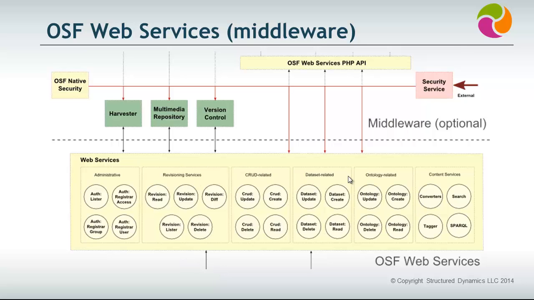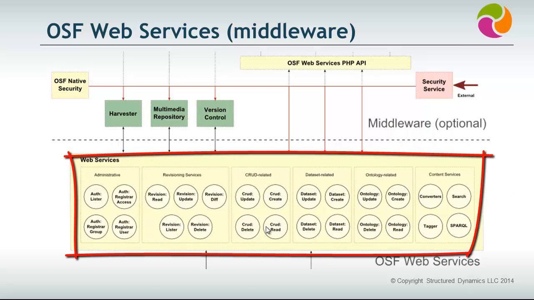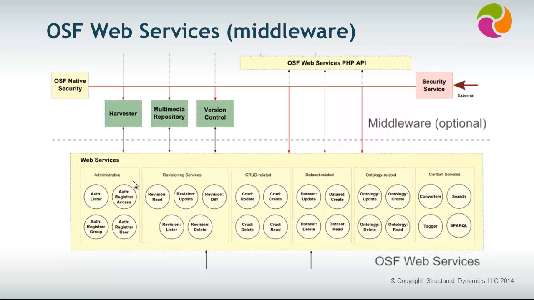That information then comes up through the middleware, which is firstly a series of these web services that I mentioned, and they are in things like CRUD for records, CRUD, that is create, read, update, delete, for data sets, for ontologies, as well as specialized services such as search, the import-export converters, taggers, so-called SPARQL endpoints for directly interacting. There's also revisioning and authorization activities that take place. Now, in various ways, through our various installations, we've also worked with many third-party tools.